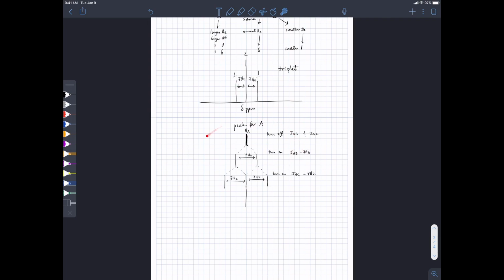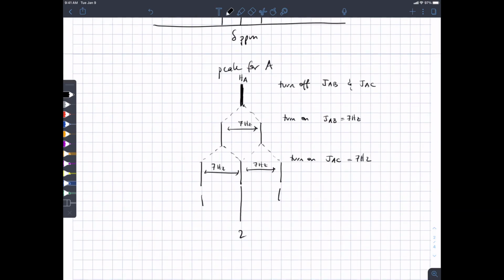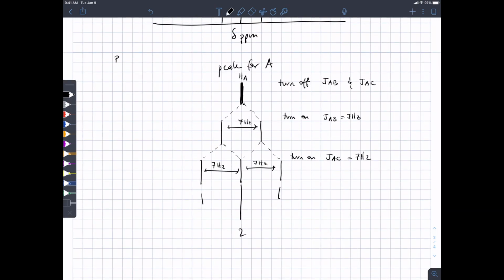Actually, this picture of where we get the 1 to 2 to 1 triplet versus the 1 to 1 doublet allows us to use a mnemonic device for the kinds of intensities and number of peaks we should see depending on the number of adjacent protons. And we can do some predictions. So the mnemonic device is actually Pascal's triangle, which is the coefficients for x plus 1 raised to the nth power, where n is 0 to whatever integer you want.